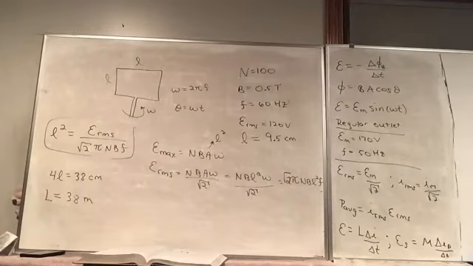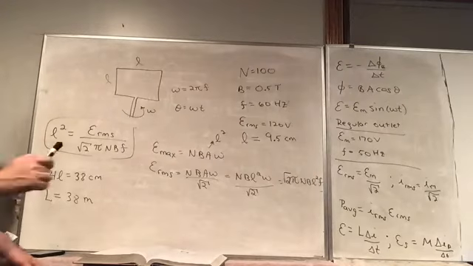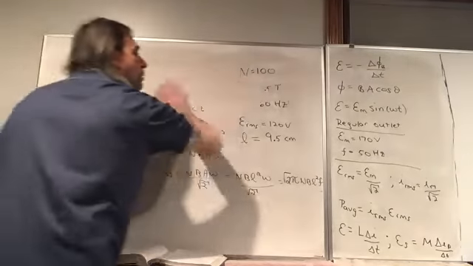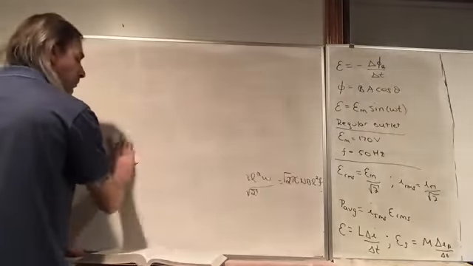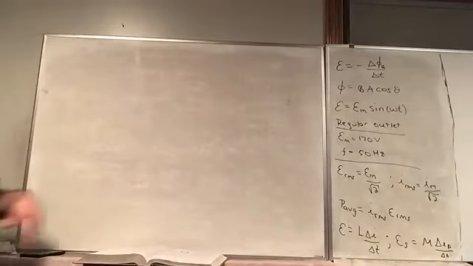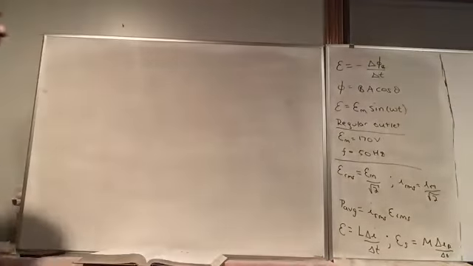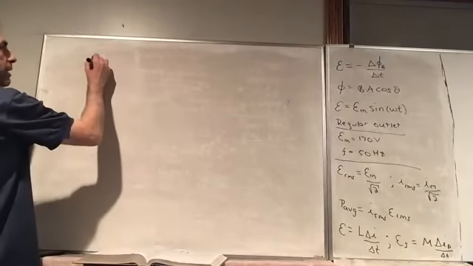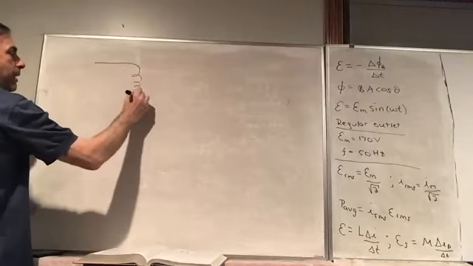All right. Let's look at a transformer question. What's next is we have EMF due to mutual or self-induction, and a transformer is an example of mutual induction. So let's do this. We have a transformer, which we can represent schematically.